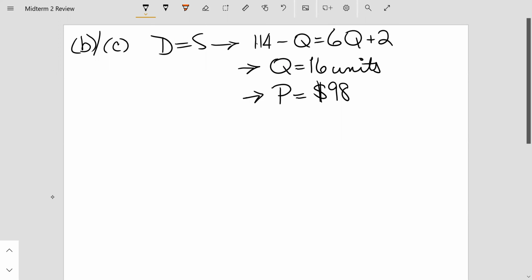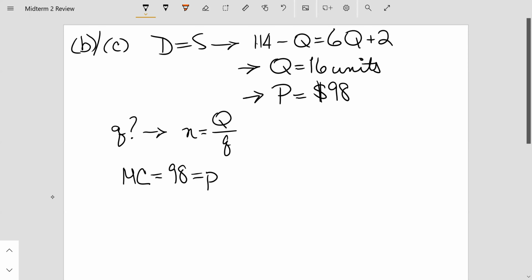So now what we want to do is find little q. Because remember, the number of firms is big Q over little q. So how could we just do that? Well, we can set the marginal cost equal to 98. Because remember, marginal cost has to equal price.